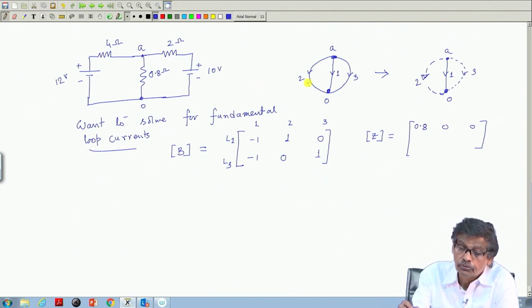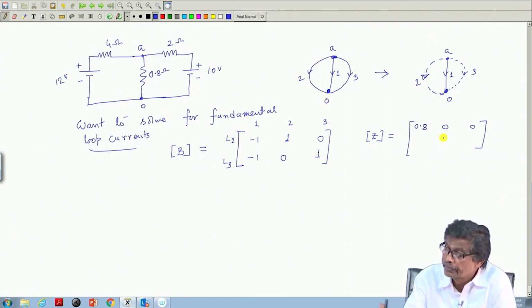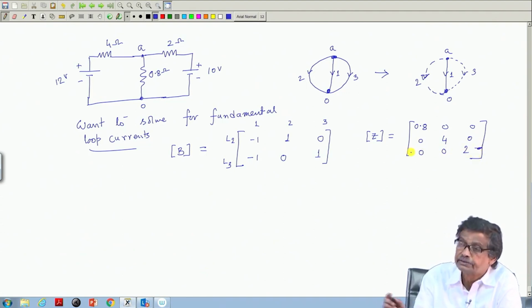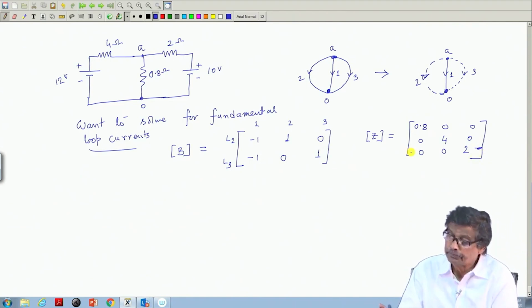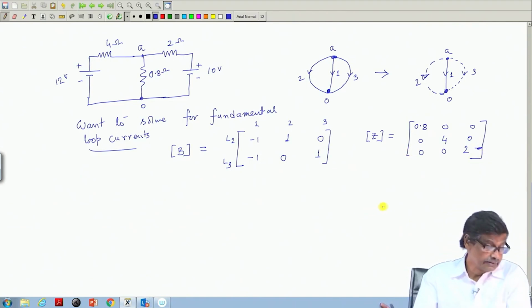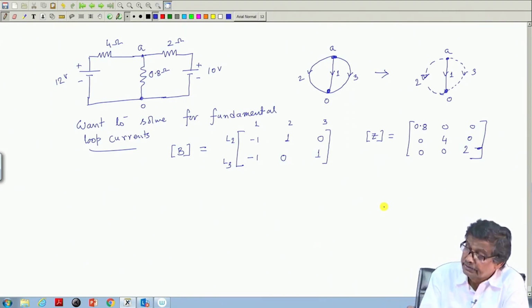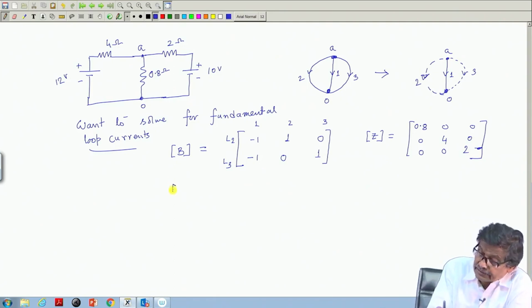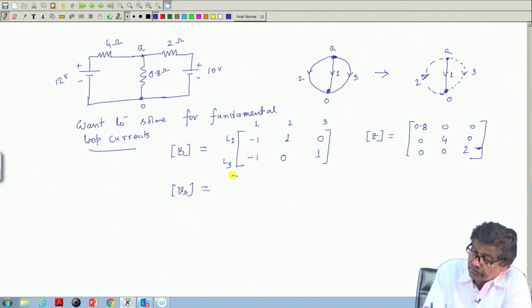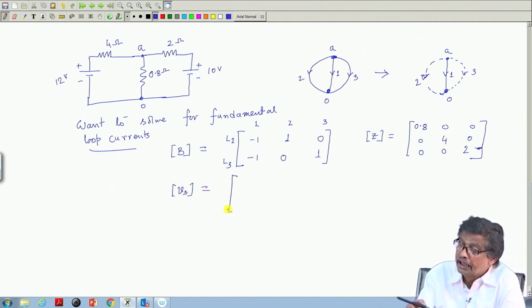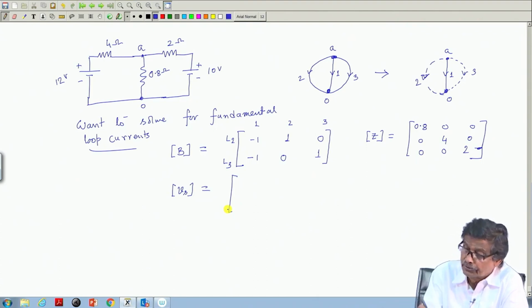For element 2 it will be 4 ohm, so 4, 0, 0 and this will be 0, 0, 2. This is the Z matrix obtained. Now, I have to write IS and VS. There is no current source in any of the branches. So, VS, first let me write, VS is equal to a column vector. Element 1, is there a voltage source? No, 0.